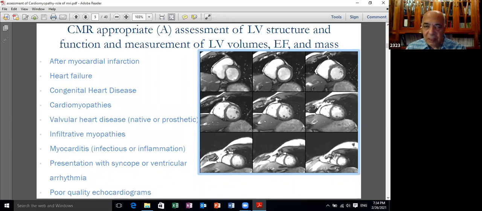So this is the way the left ventricular volume can be calculated using CMR. The advantages, actually, are many. Number one, the apical foreshortening, which is a very common finding in echocardiography, is not encountered here.